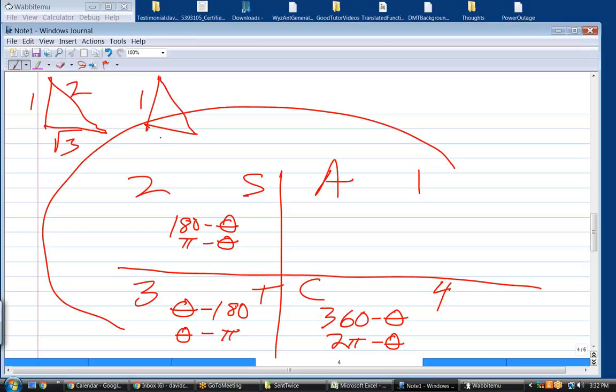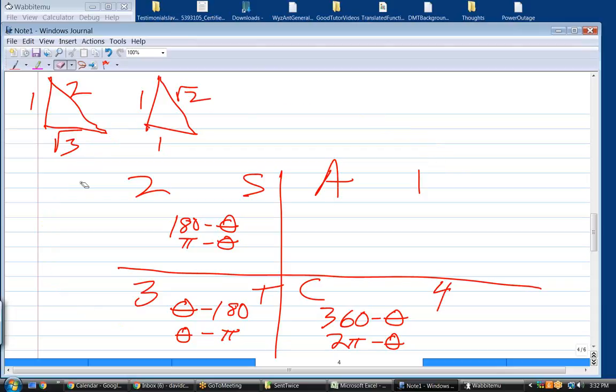Now you can come up with any first quadrant value of the reference angle. See what I'm saying? You don't need to memorize those. You just need to memorize those 2 triangles. Now you really can.